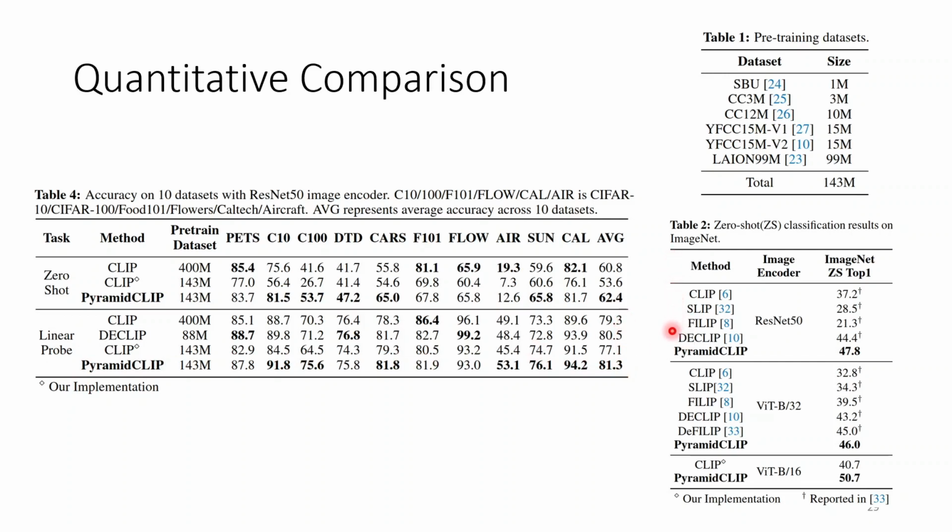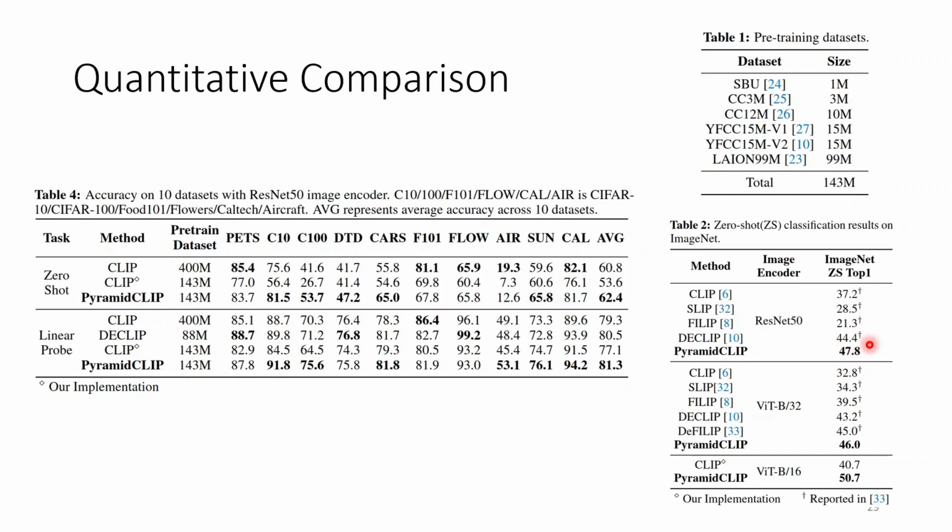And after CLIP, there are some methods. For example, SLIP, FLIP, and DeCLIP are all modifications of CLIP. And they want to show that their PyramidCLIP generated better results than those existing methods.